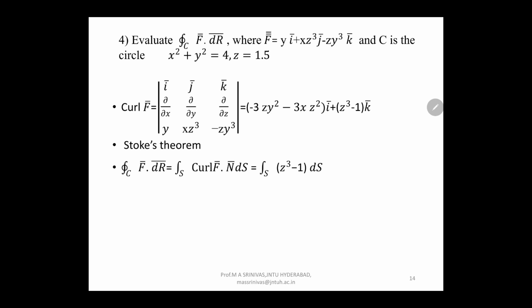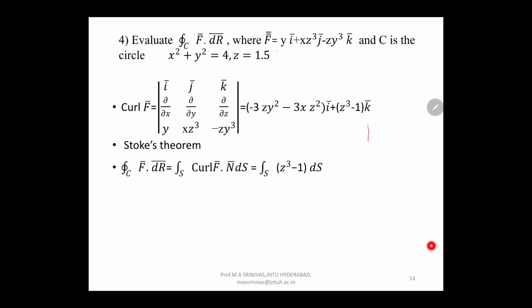Okay, so in this example, evaluate integral C f bar dot dr bar. This is my f bar. For this f bar, find where the curve is. The curve is x square plus y square is equal to 4 and z is equal to 1.5.